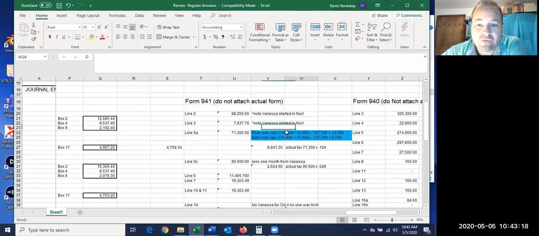So in long form, this is what I did. I took his prior FICA wages plus his current Medicare wages to see how much in total did he make before any cap, and then subtract out the cap. So that's telling me that he's over the cap of 13,500.